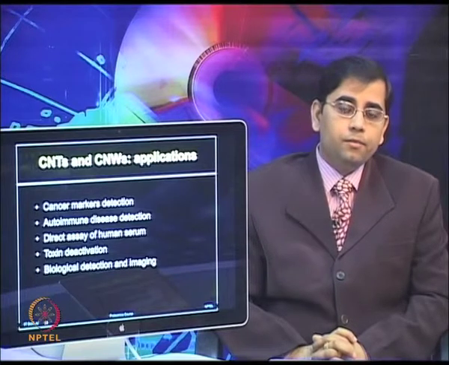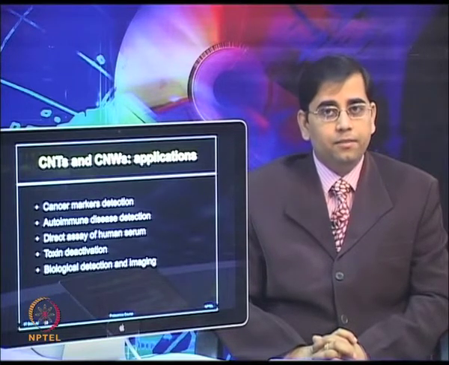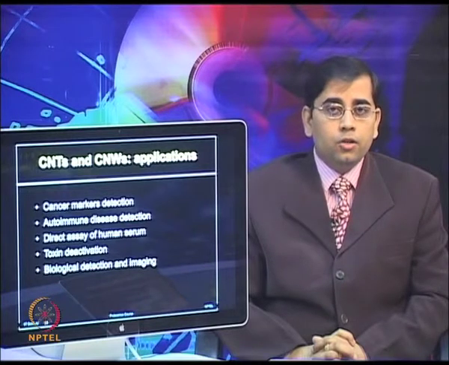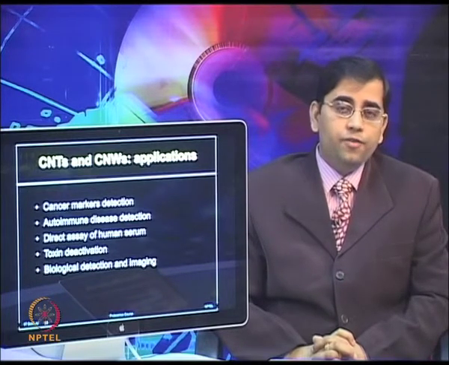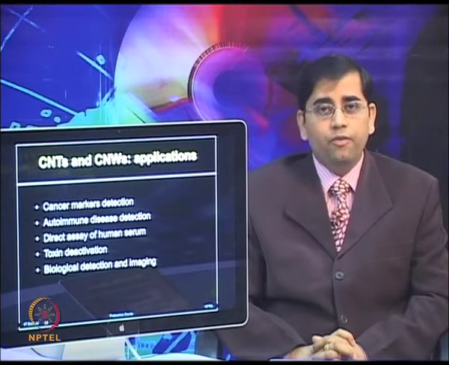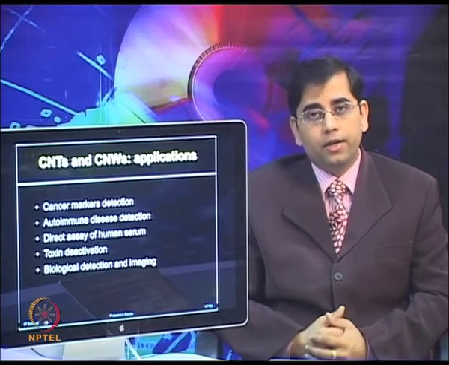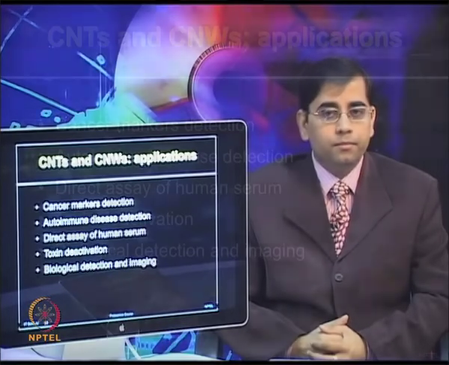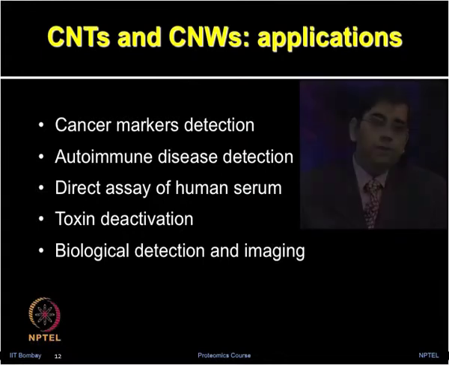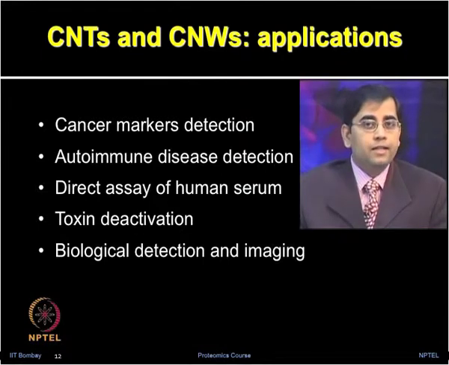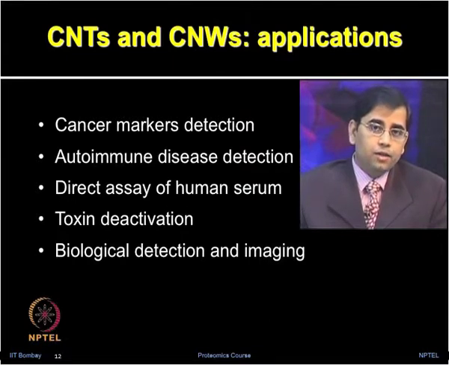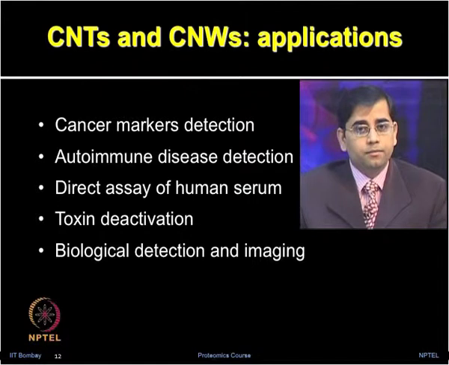Now, let us discuss briefly various applications. So, carbon nanotubes and nanowires have shown unlimited potential for various applications in different fields. Here we are just talking about the context of proteomics. For the proteomic applications, people have performed various types of clinical studies and used nanotubes and nanowires to test the potential of these nanotechniques for cancer biomarker detection.